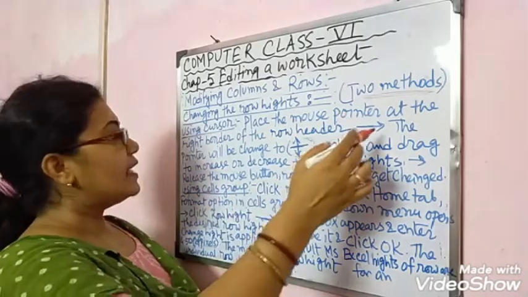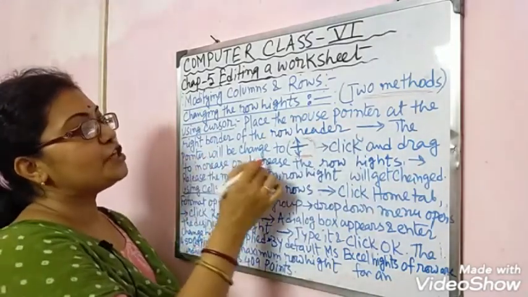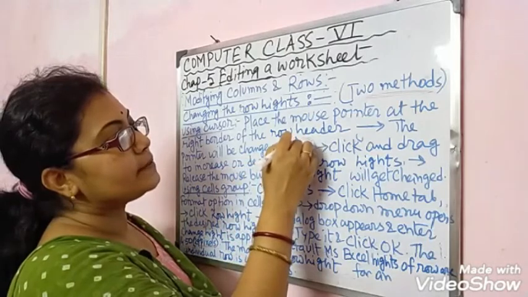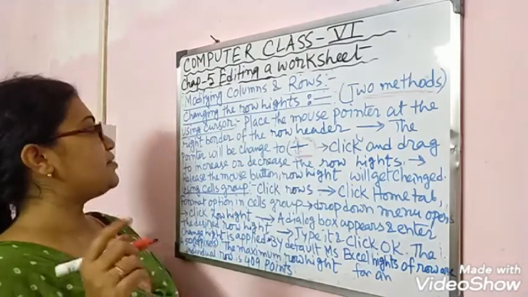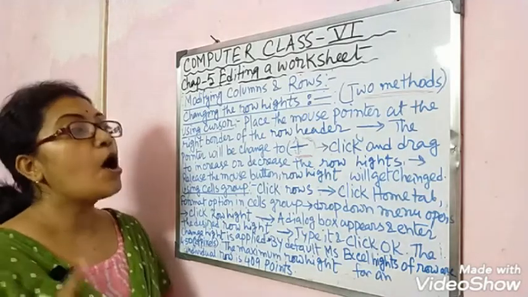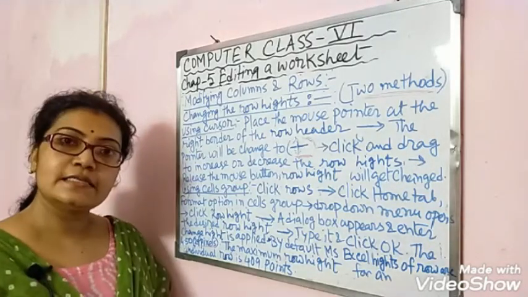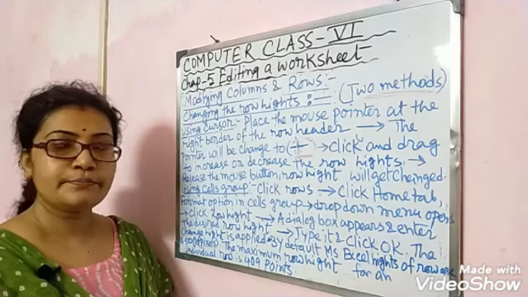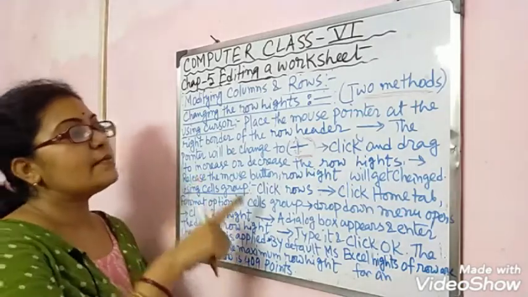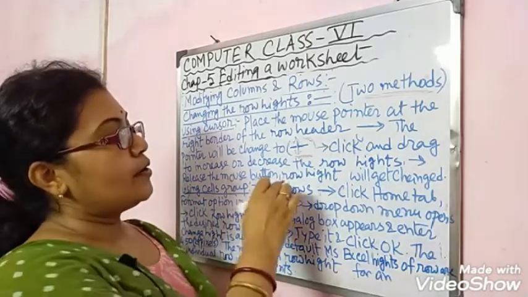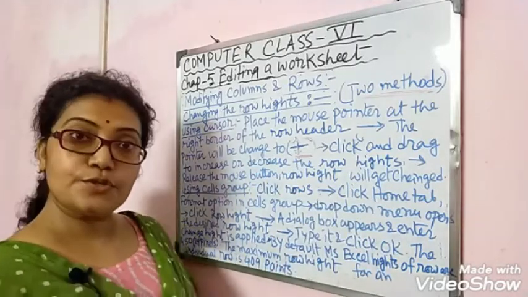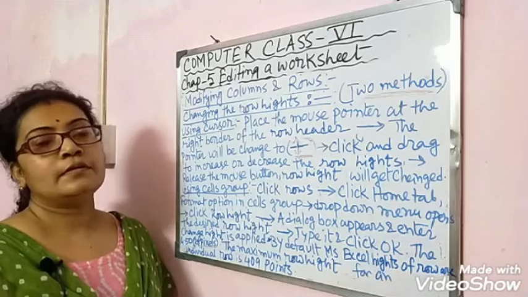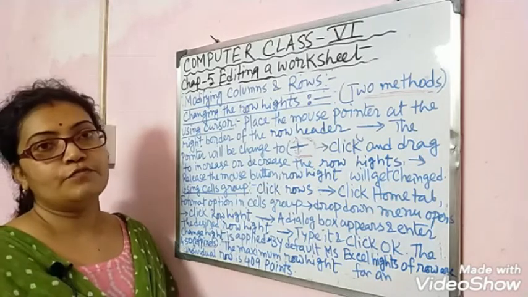Then the pointer will change into this sign, an up arrow and down arrow. Click and drag to increase or decrease the row height as with column width. Then release the mouse button, and the row height will change. Understood? Same rules as column width.